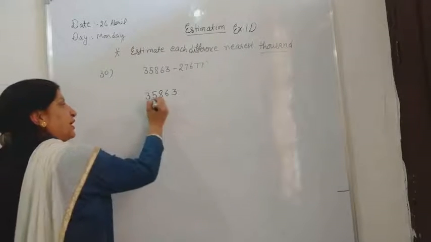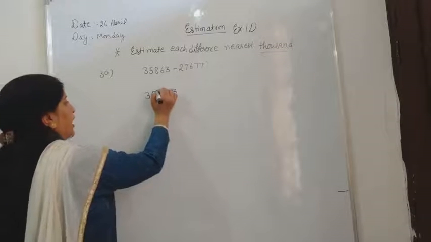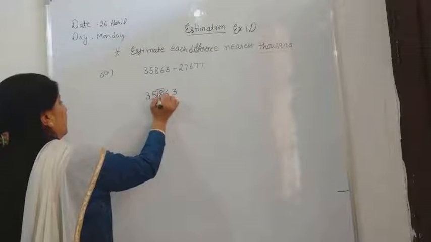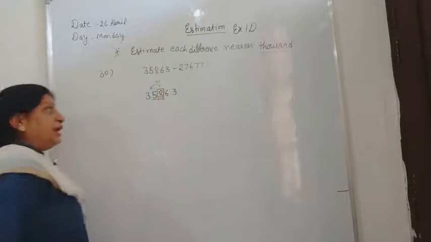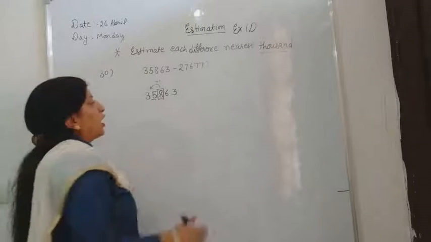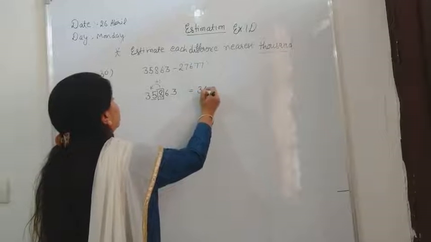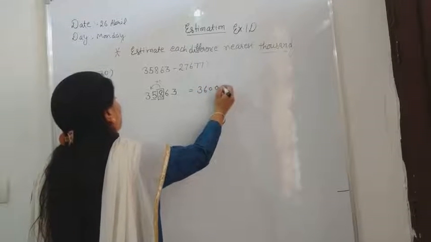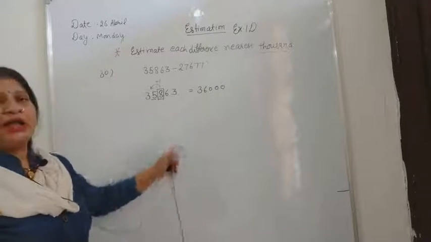Now we see that at the 1000 place our number is 5, so we underline this number and again put a box on the 100 place, and we see that 8 is greater than 5, so we add 1 to the 1000 place number and our number becomes 36,000, because the ones, tens and 100 place numbers are replaced by 0.